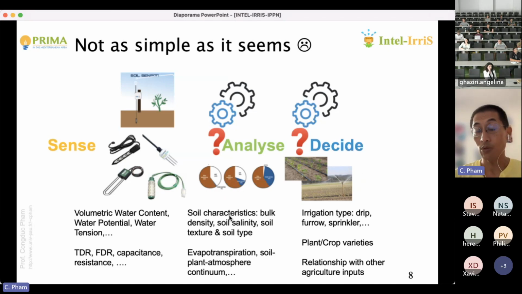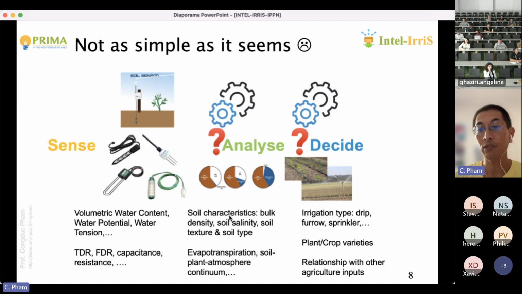And then when you decide to irrigate, you actually have to take into account the irrigation type. Most of them have traditional gravity-based irrigation techniques, mostly flooding in furrows.